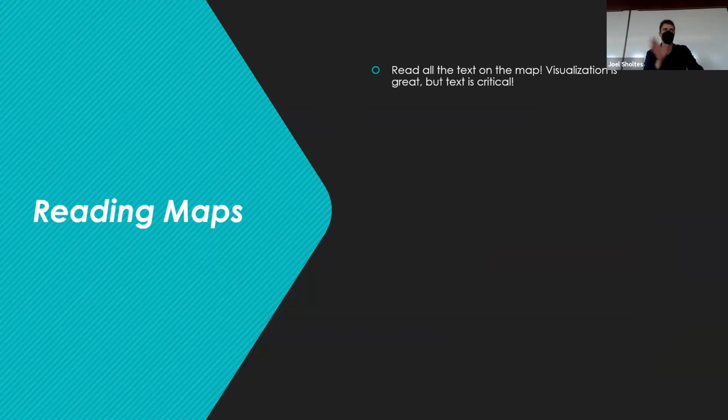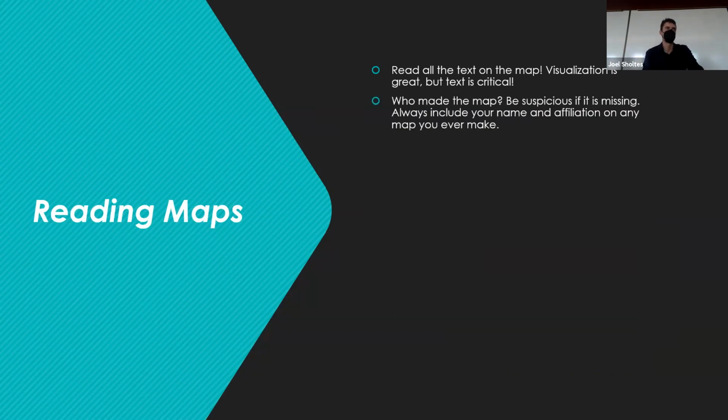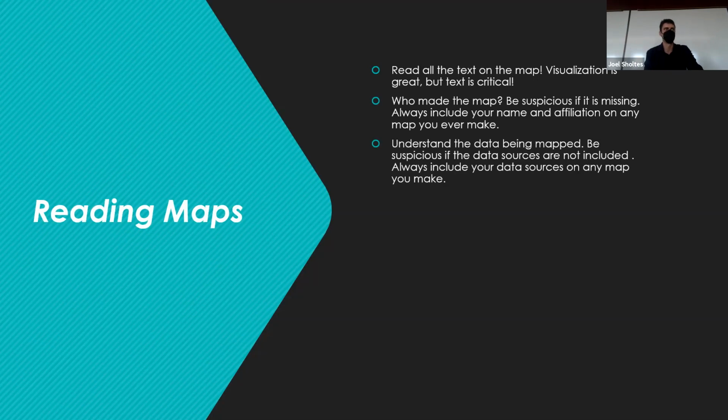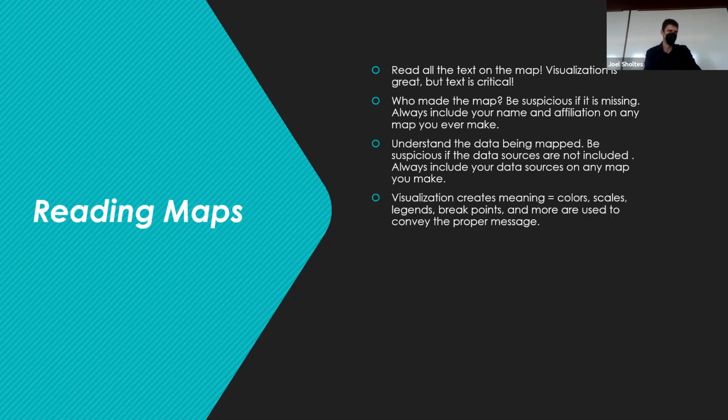A little caption or title that tells us who made the map, what's the affiliation, where did it come from. Being able to understand what data is being mapped. Is this data source valid? Is this a reasonable data source? Is it some fake data set that people made up for the pizza preferences of the globe?